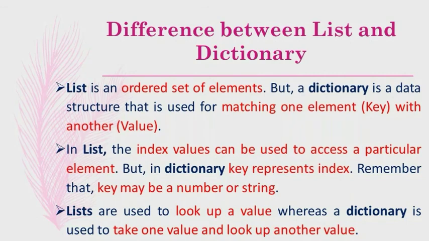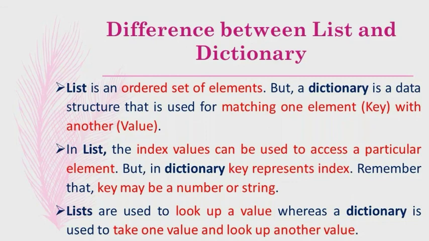In a list, the index values can be used to access a particular element, but in a dictionary, the key represents the index. That key is used to access the particular element. That key may be a number or a string.